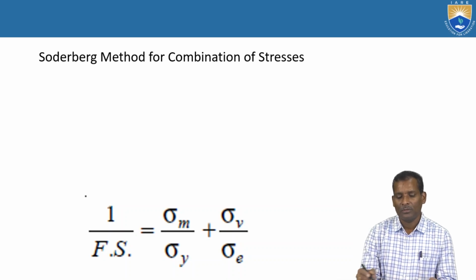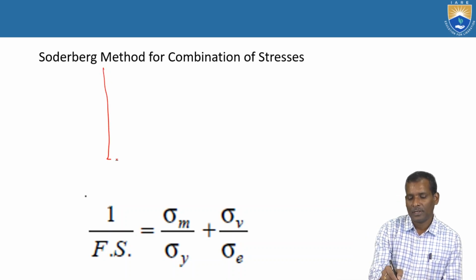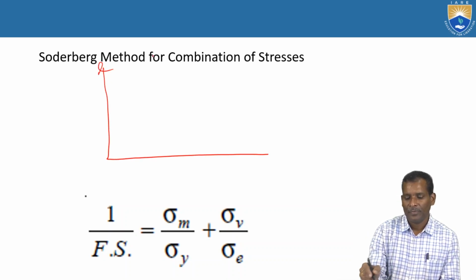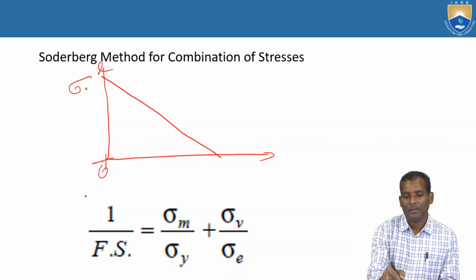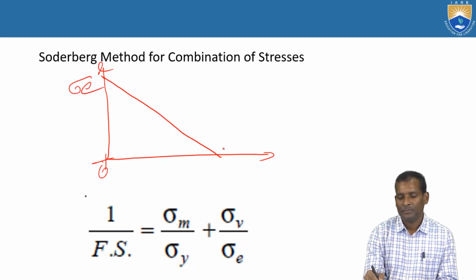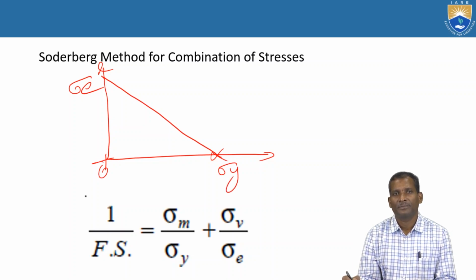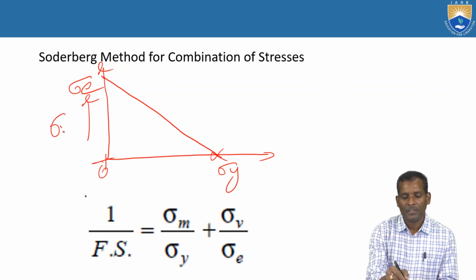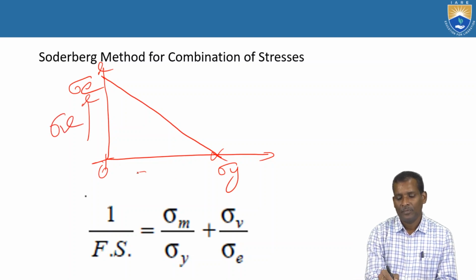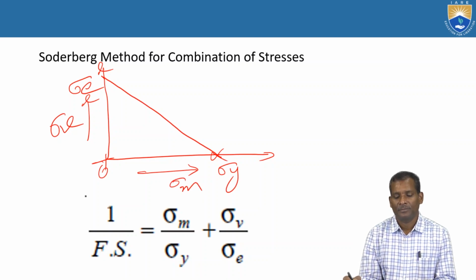This one is also a straight line method. A line is drawn between sigma e and sigma y, the yield stress, with the variable stresses and mean stress.